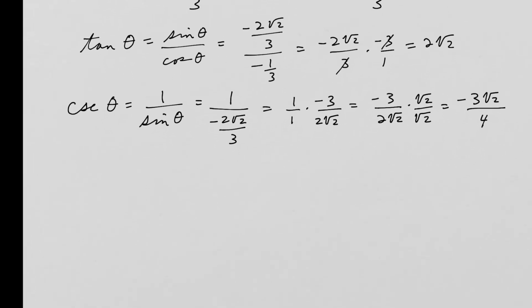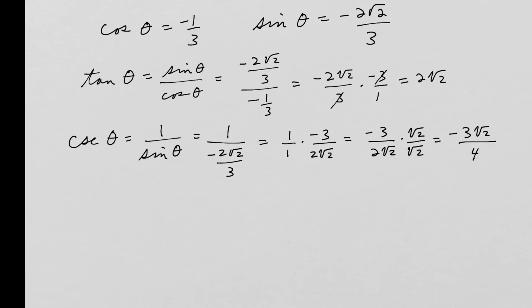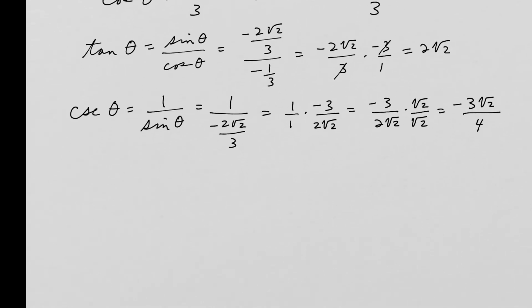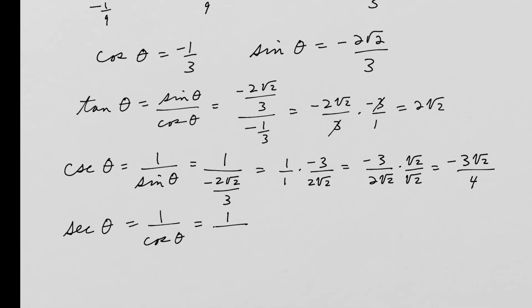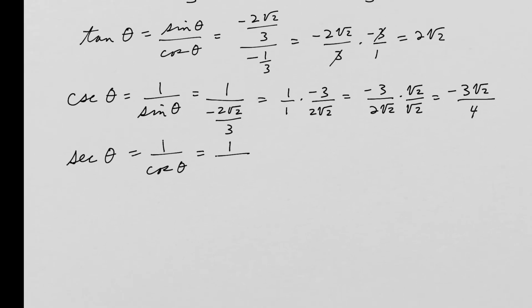Then what do I have left? I have secant of theta. Well, that's 1 over cosine. And what was cosine? Cosine was negative 1/3. So that's just 1 over 1 times the reciprocal, and that's just going to be negative 3.